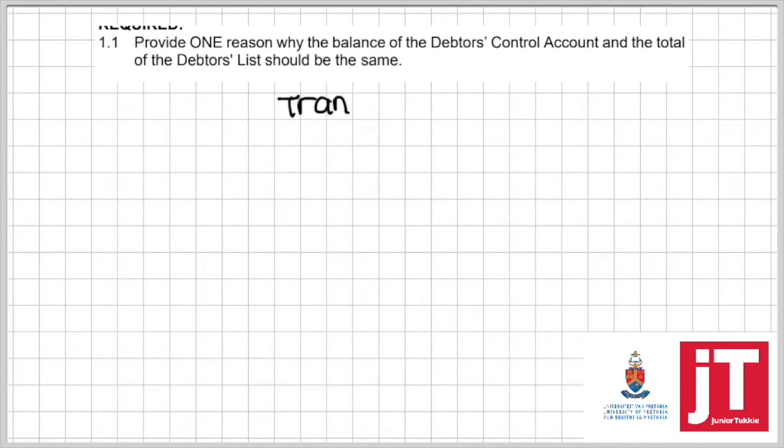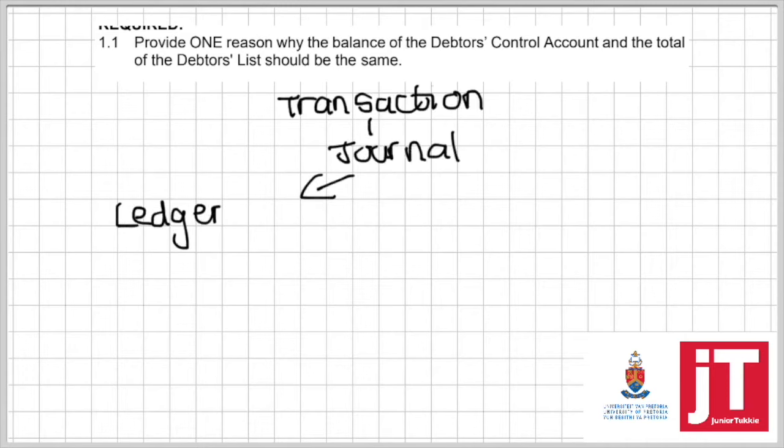If I look at the whole process, when we have a transaction, that transaction is taken to a specific journal. From the journal, we post it to the ledger account. The ledger is their personal account. It means all the transactions that happen during that month are taken to the individual's account.